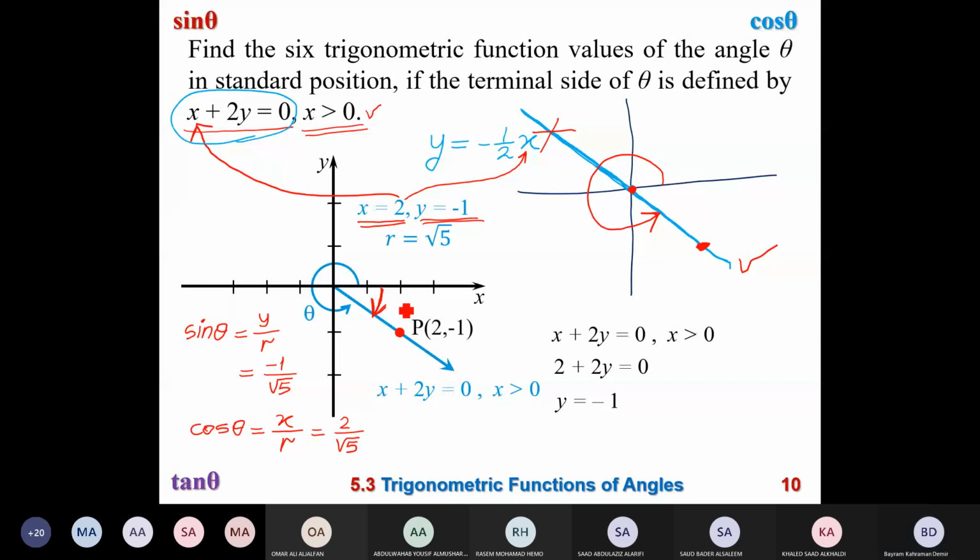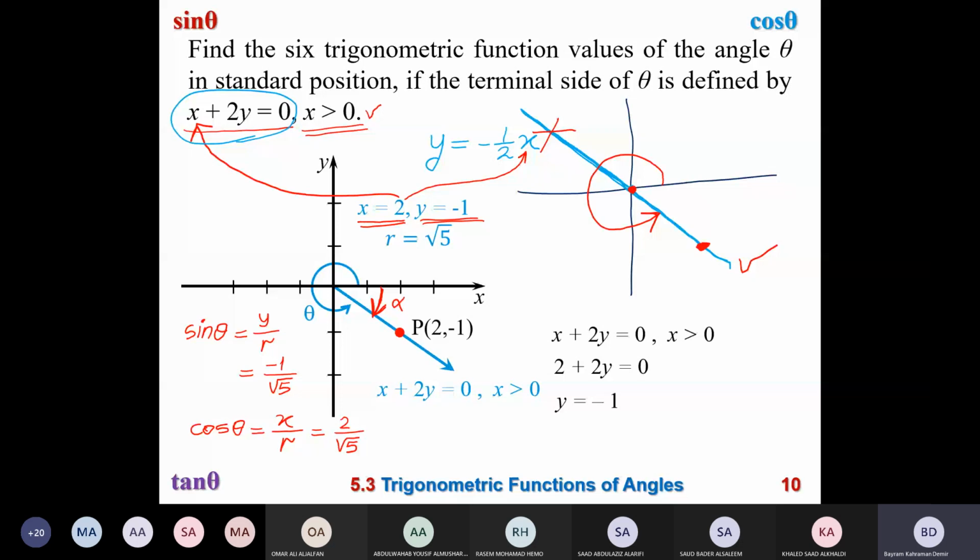Okay. This is alpha, let me say alpha for example. The alpha and the theta, do you remember that? Alpha and theta are what, Shabab? Say again, Shabab. Coterminal, right.